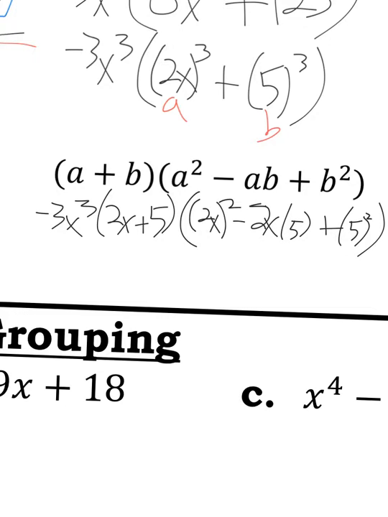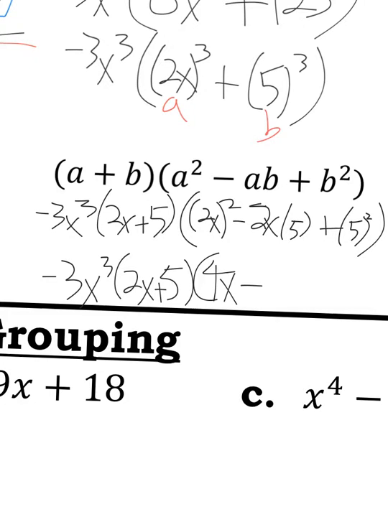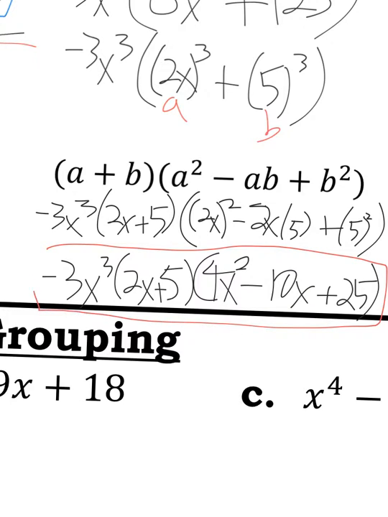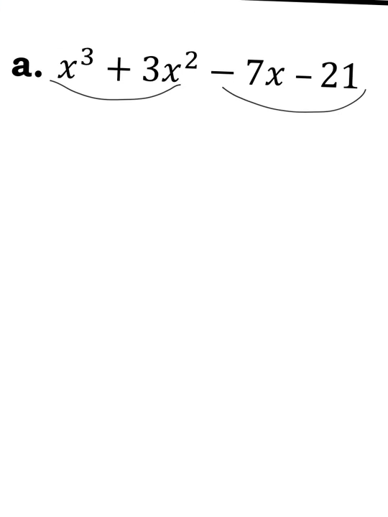Okay, so the final answer here is you just simplify that: 2x squared is 4x squared, and then the minus 2x times 5 becomes minus 10x, and then the 5 squared becomes 25. And so we got our answer by factoring out a common monomial factor and then using the sum of two cubes pattern.